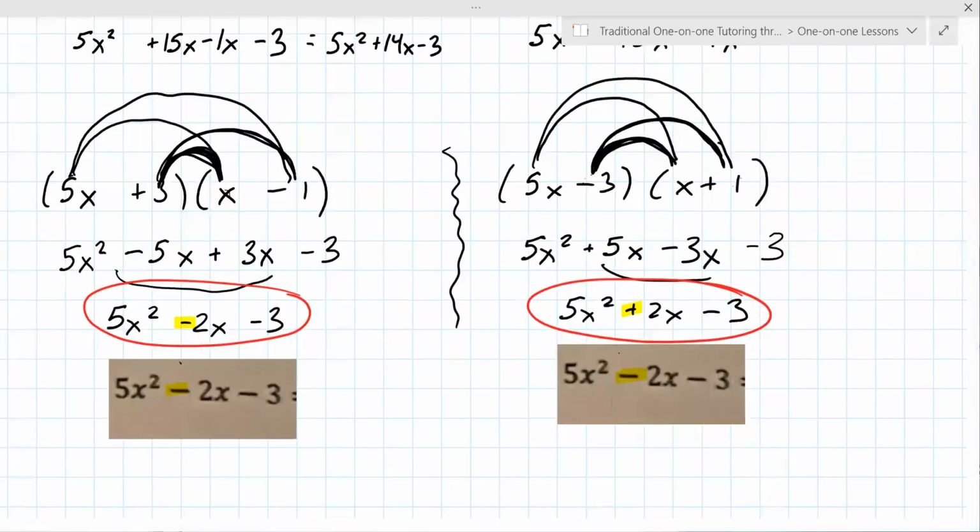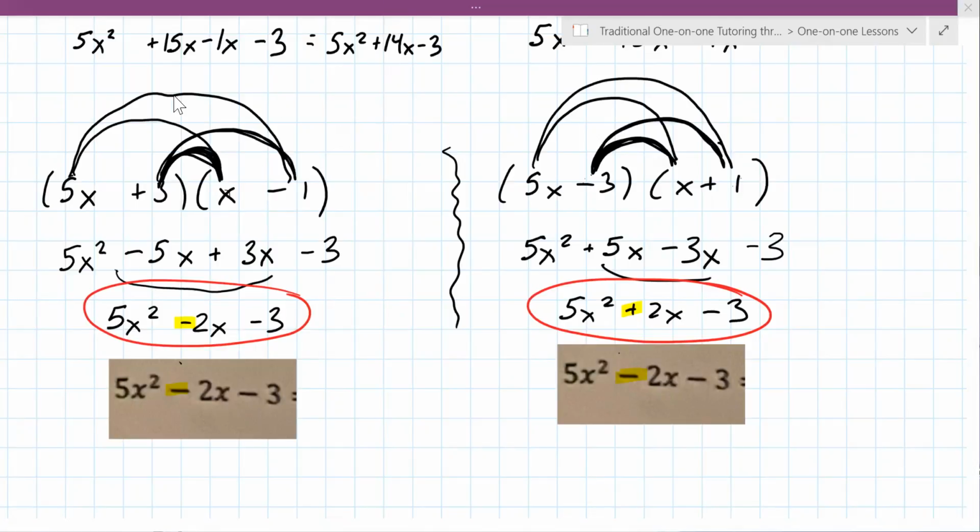Okay. So the guess and check approach is literally you putting down all the possibilities and checking them. But in terms of what you should copy down, just this last one is the correct answer.